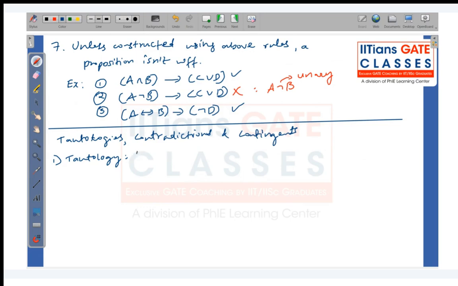A tautology always evaluates to true. It is always true for all truth assignments of the atomic propositions involved.